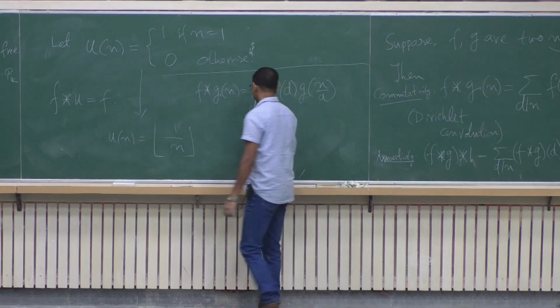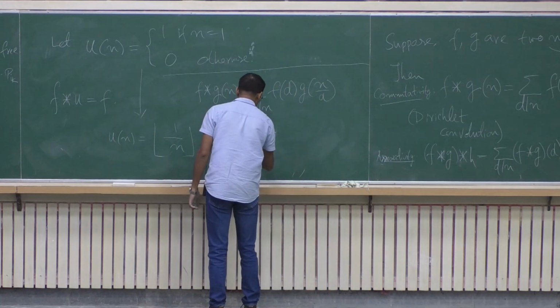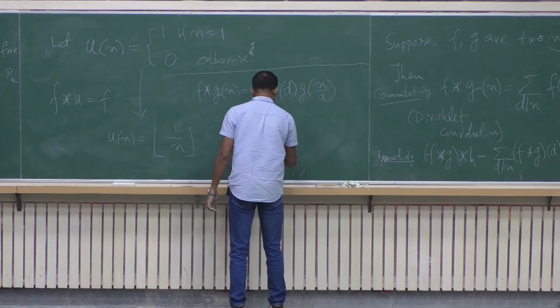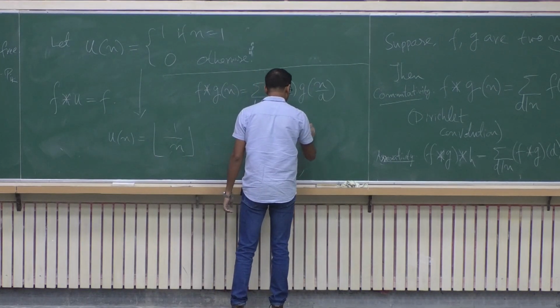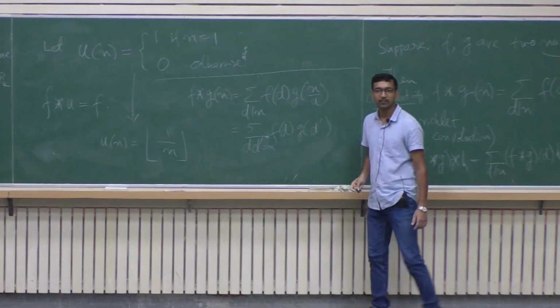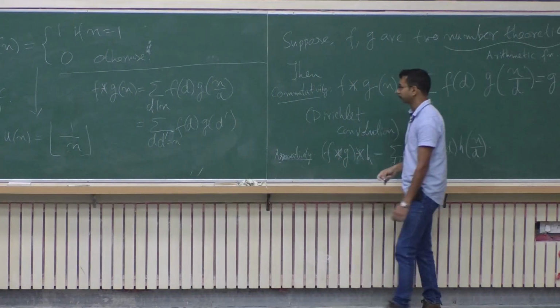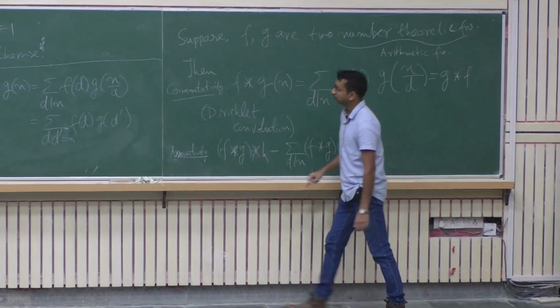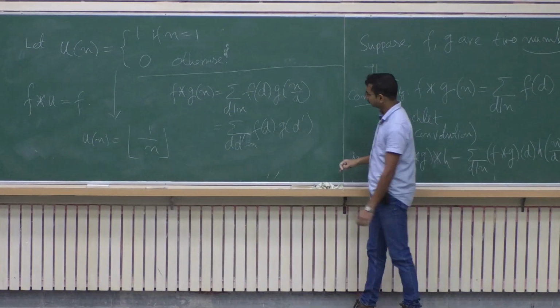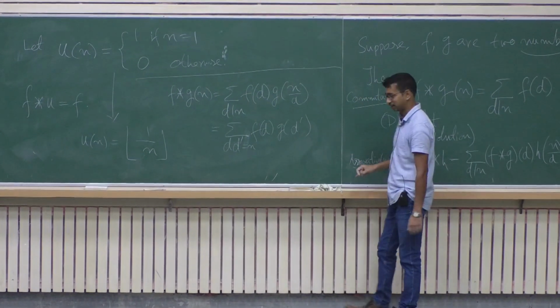We could have written this also as the summation over d times d dash equal to n of f of d and g of d dash. We are writing the same thing here and there, just the notation is different.